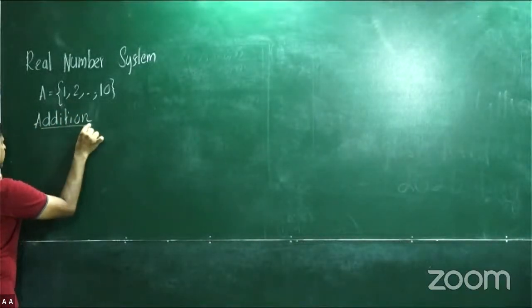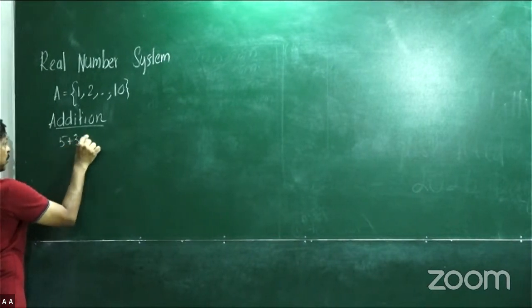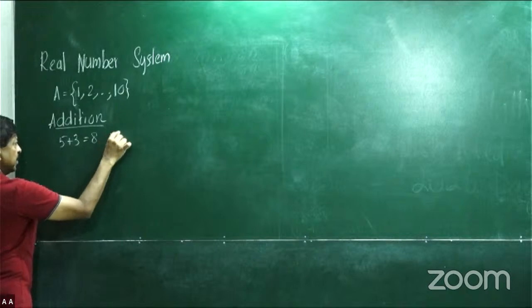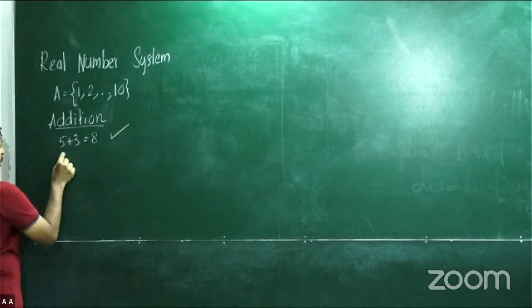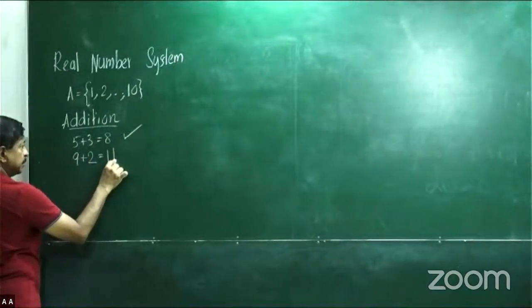For example, if you take addition, 5 plus 3, which is 8, it's in the set. But if you add 9 plus 2, it's a new number.